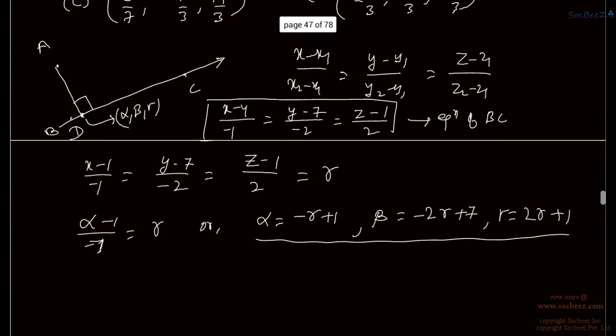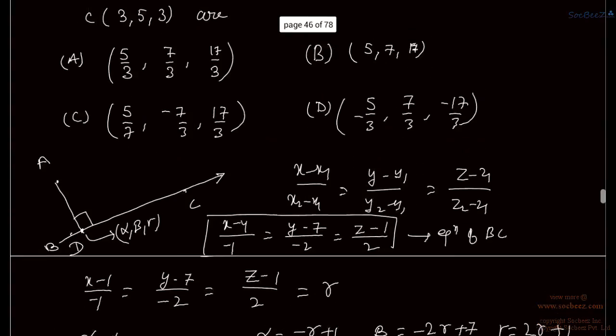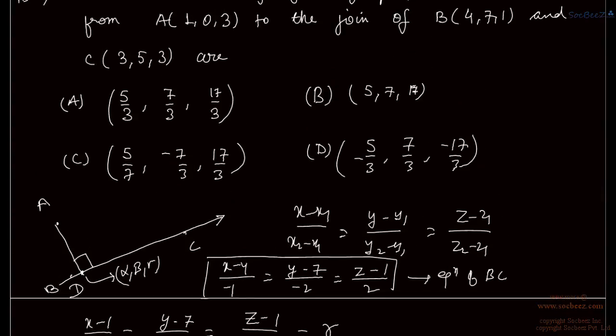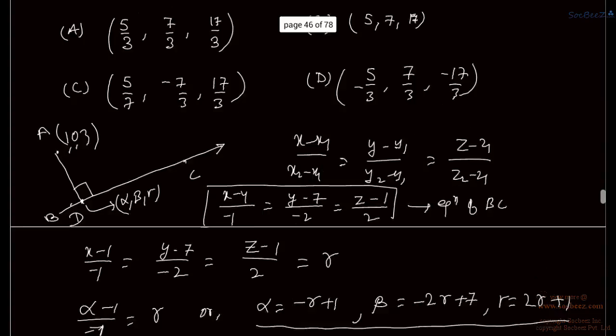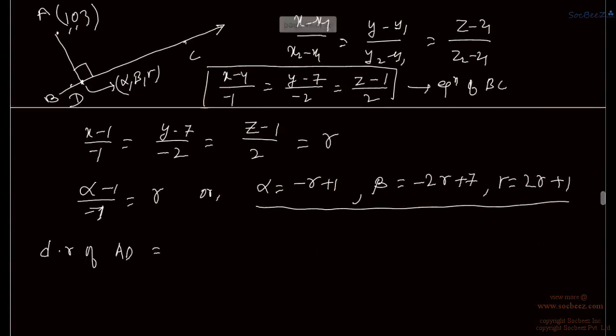So we have the direction ratio of line AD. In terms of r, first we have to see what is the coordinate of point A. Coordinate of A is 1, 0 and 3. So we can write the direction ratio of line AD as 1 minus alpha, 0 minus beta and 3 minus gamma.